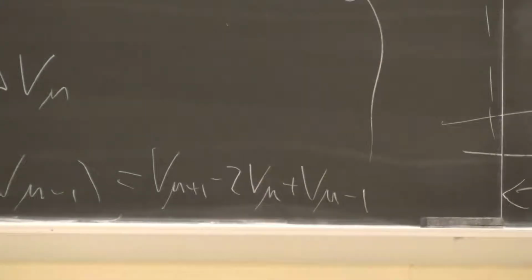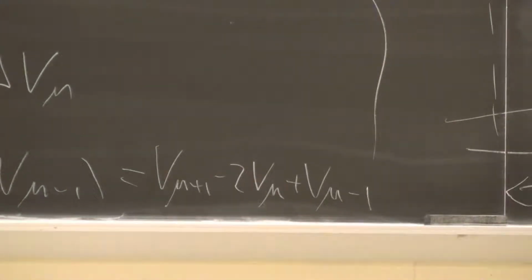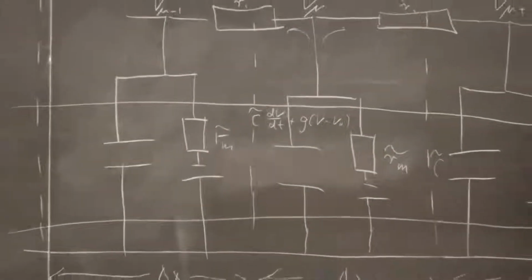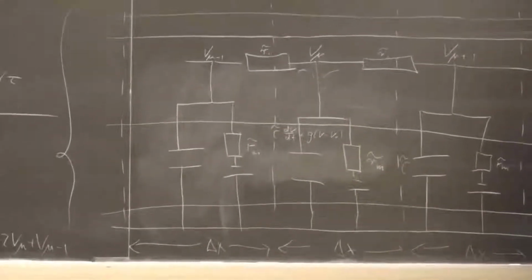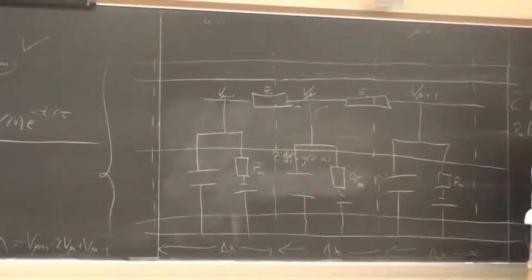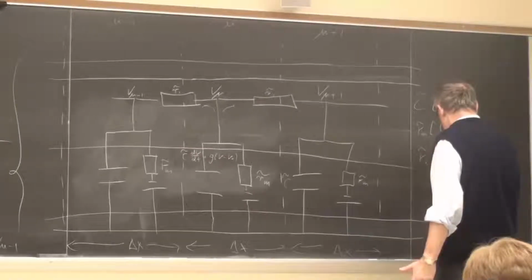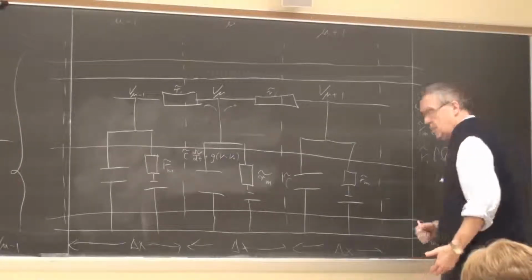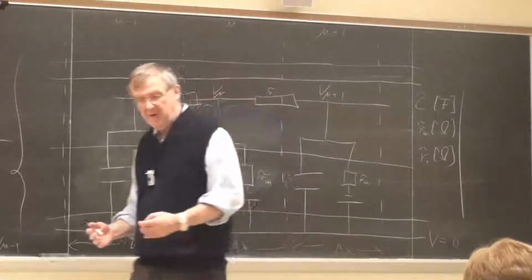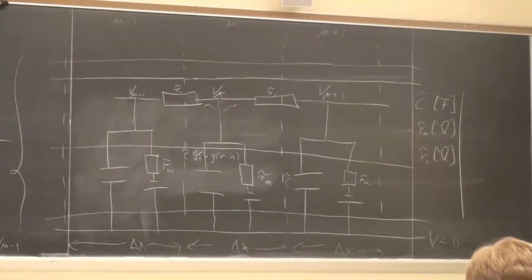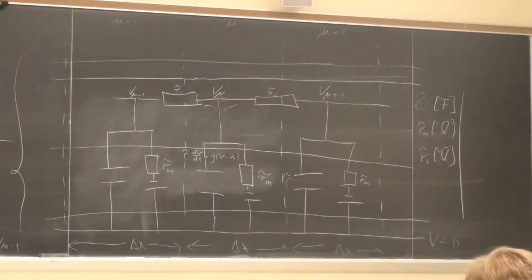The first quantity that enters here is C tilde, and that has unit farad, F. My next quantity is R M tilde, that has unit ohm, like a good resistance. And then I have Ri tilde, that has unit ohm, like a resistance. But now I would express those through quantities that are independent of delta x.